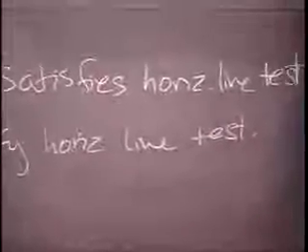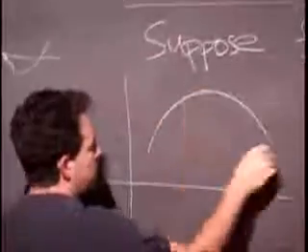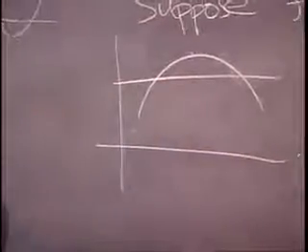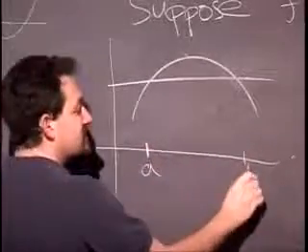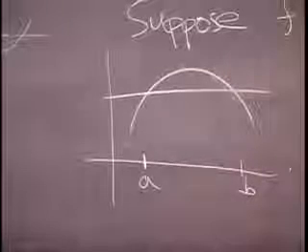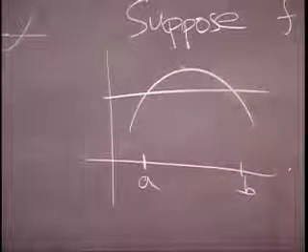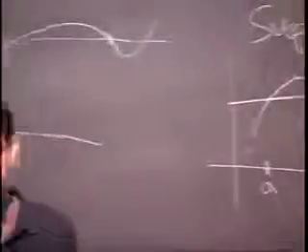Suppose that f screws up, and the picture looks something like this. Suppose there's a horizontal line which intersects the curve at least twice. Well, if it intersects the curve at least twice, then it does intersect the curve twice. Maybe more, but twice. And I'm going to pick two of these intersection points.